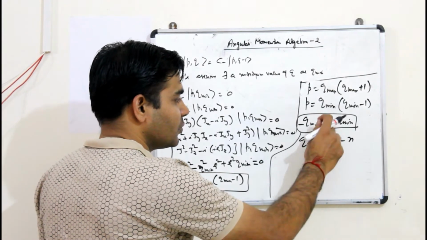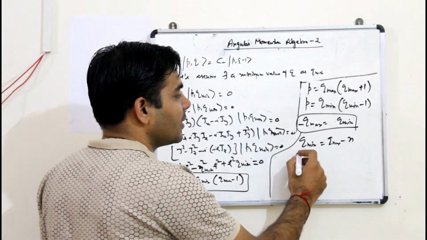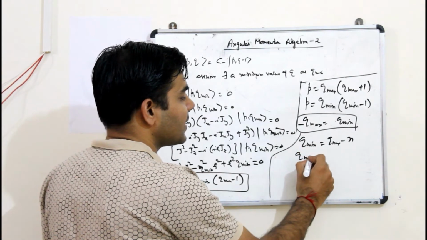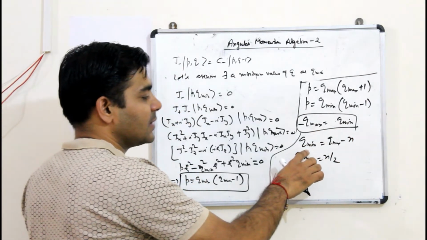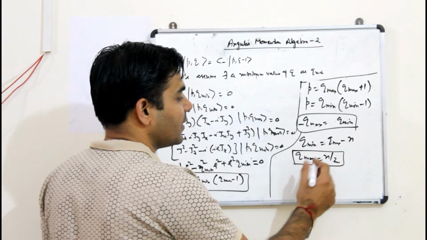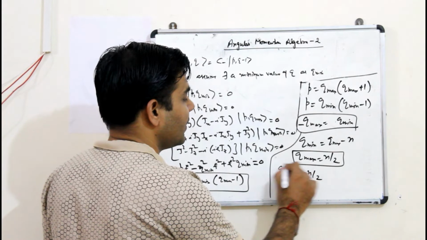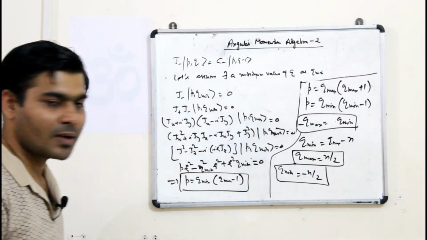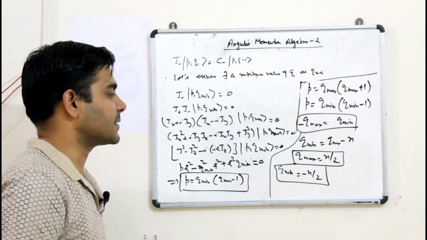Using this relation, if I write down this equation, Q max is equal to n by 2, because if I replace Q min by minus Q max, this will become 2 Q max equal to n, and Q max equal to n by 2, and Q min will naturally be equal to minus n by 2. So that's the conclusion we have drawn.